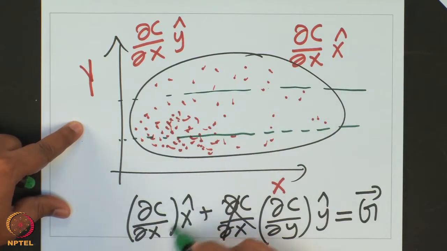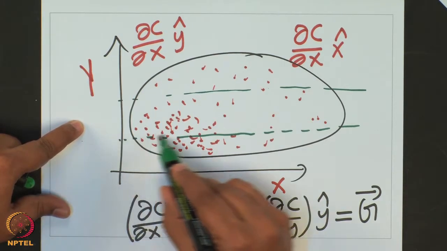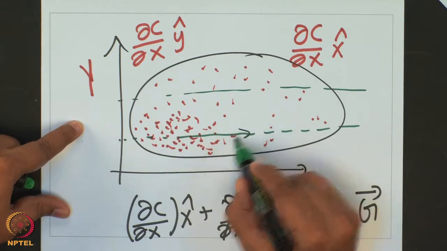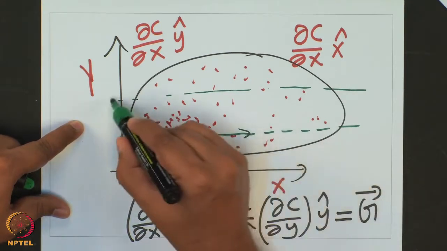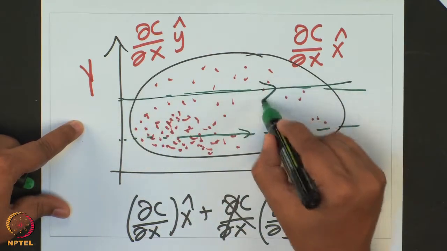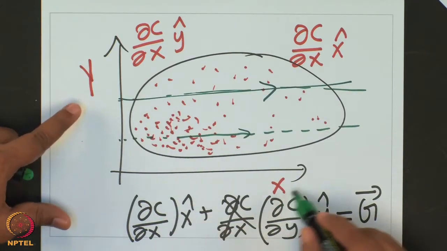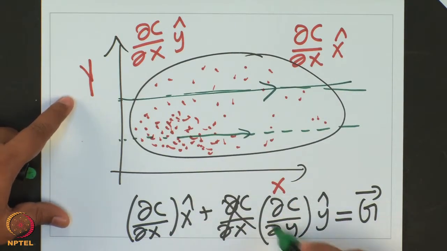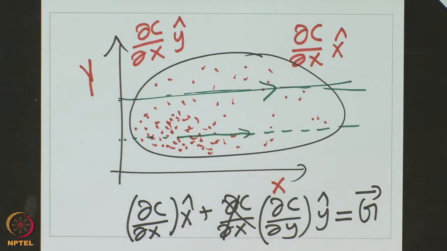For a given y value, the change along x is given by this del C by del x. This is a partial derivative, therefore y is a constant. For a given y value, this shows how the concentration is changing along this line.